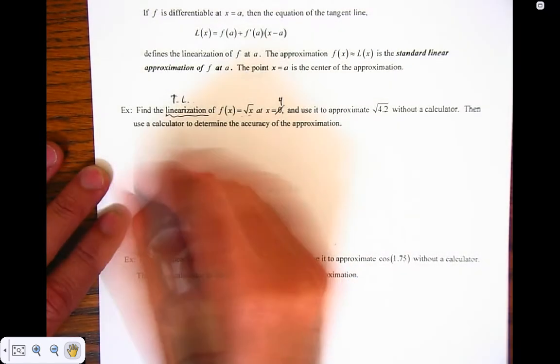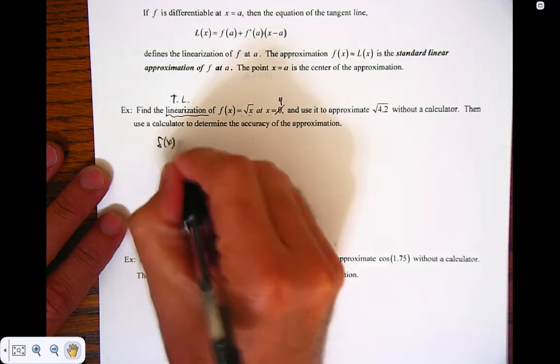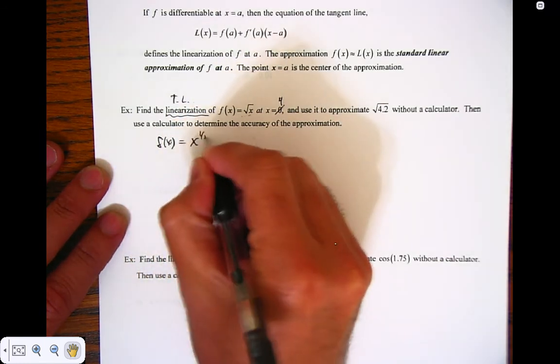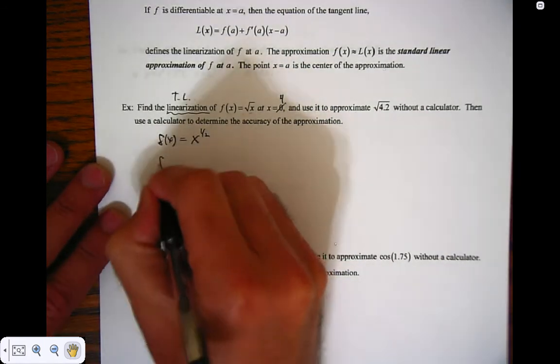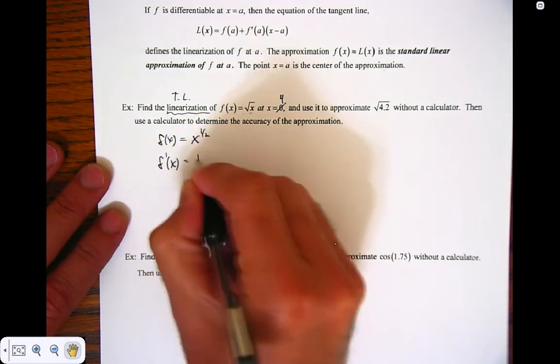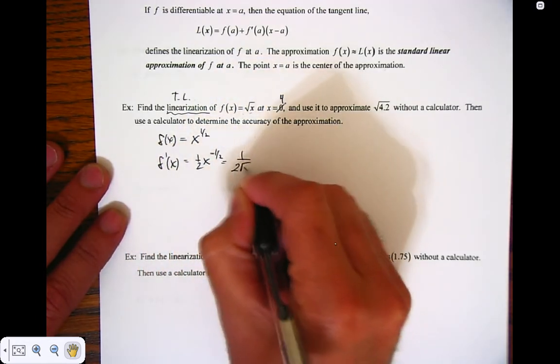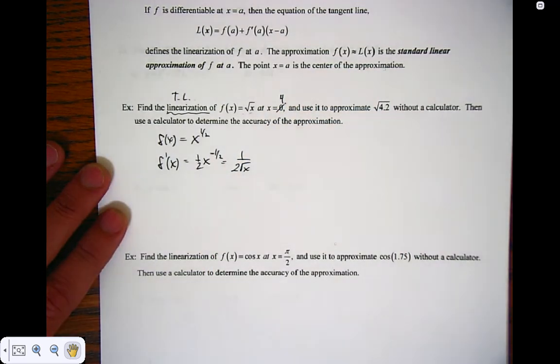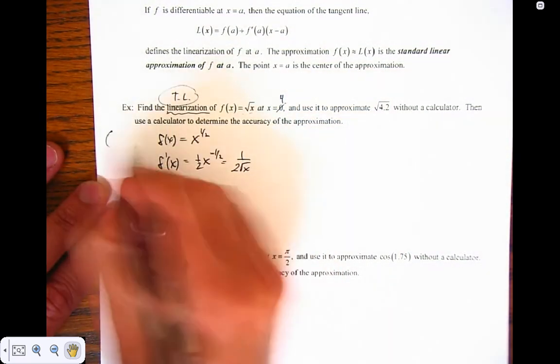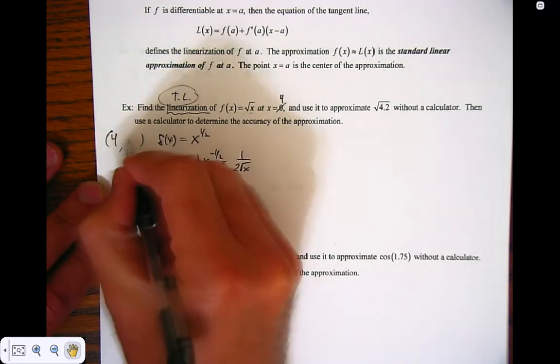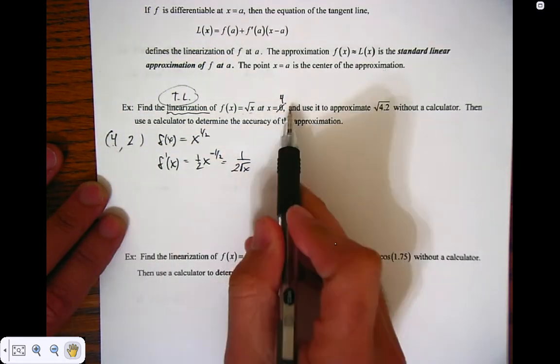So we've got f of x is equal to x to the 1/2. And I know f prime of x would be 1/2 x to the negative 1/2, or 1/2 square root of x. If I'm looking for the tangent line, I need a point, 4, 2, because it said at x is 4.